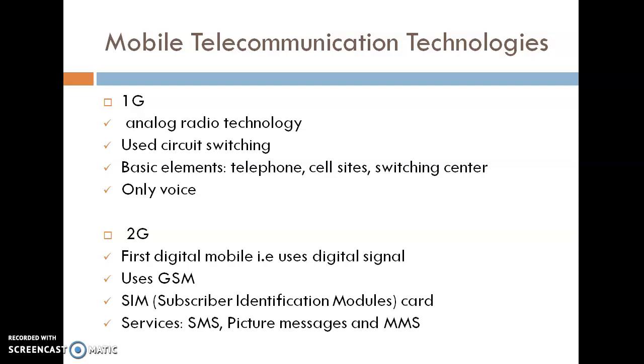In the first generation, there was no means of security, and it had a very low capacity. That's why you can send only voice. Whereas the second generation, compared to the first, is much more secure. The main reason is that the digital message that is transmitted is encrypted.